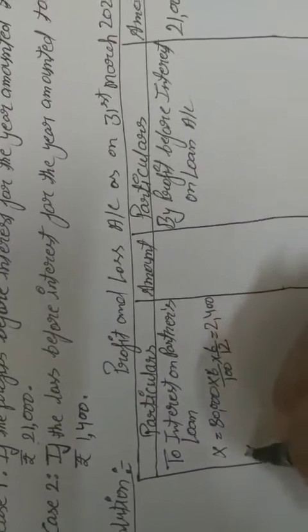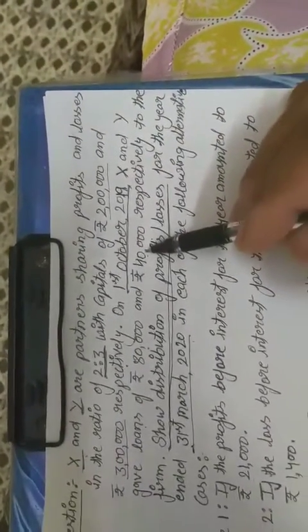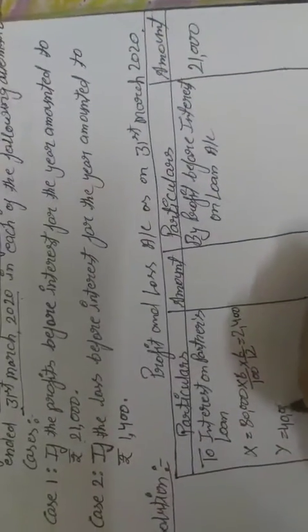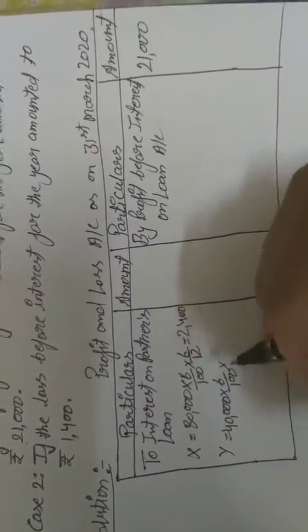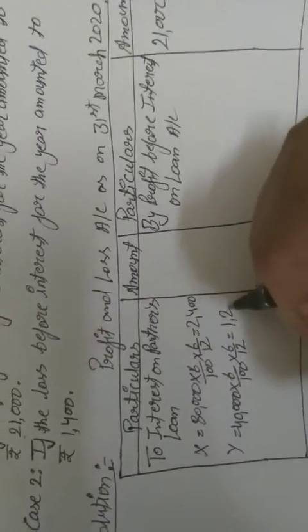And for Y, what will be the amount? He gave 40,000 rupees to the firm. So on 40,000, the rate of interest will be 6% per annum, and time 6 by 12. So the amount will be 1,200.